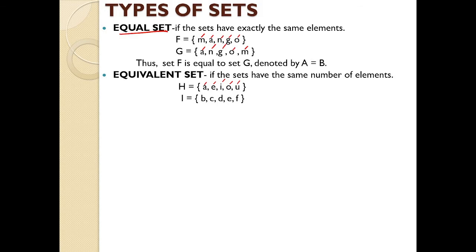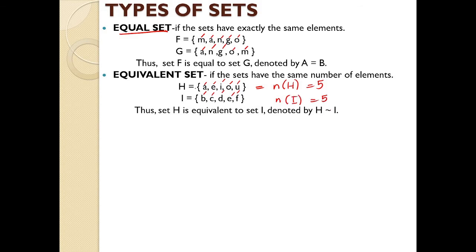How many elements are there? 5 also. That's why we call them equivalent sets, because the number of elements in H is 5 and the number of elements in I is 5. Whatever the elements are, as long as they each have five elements, that is considered equivalent sets.